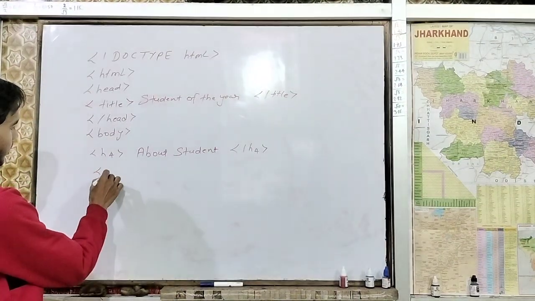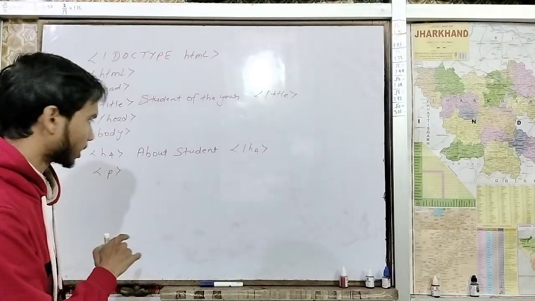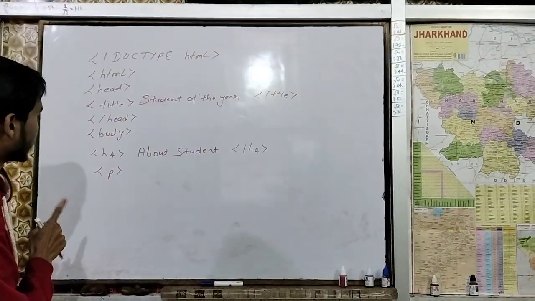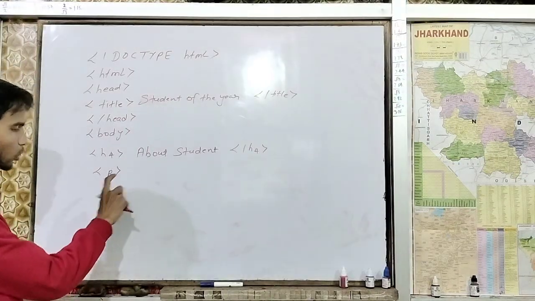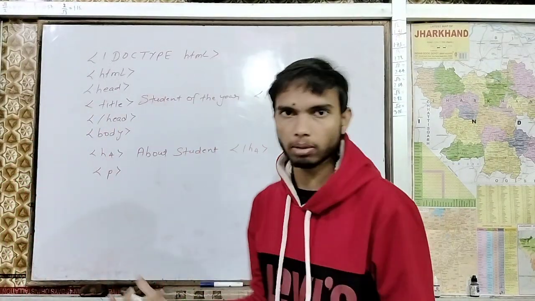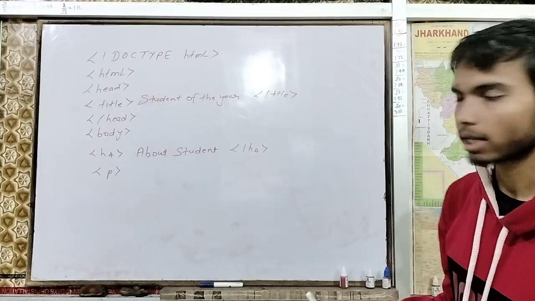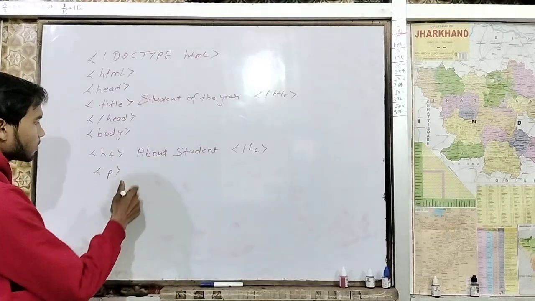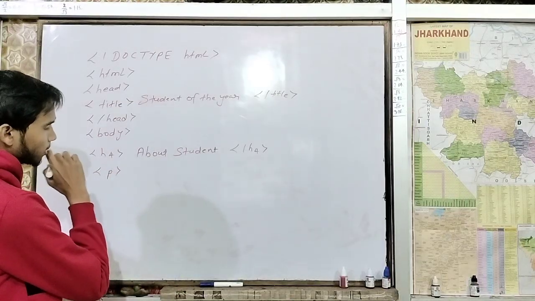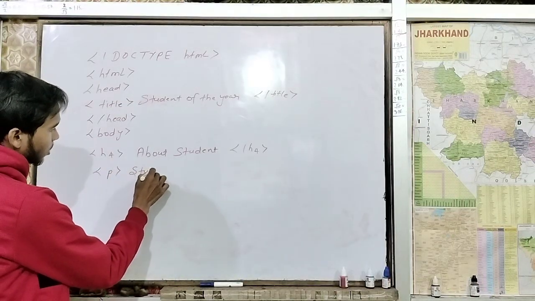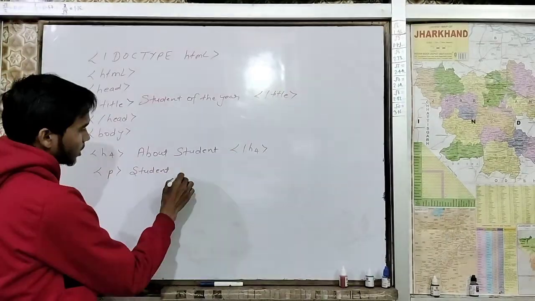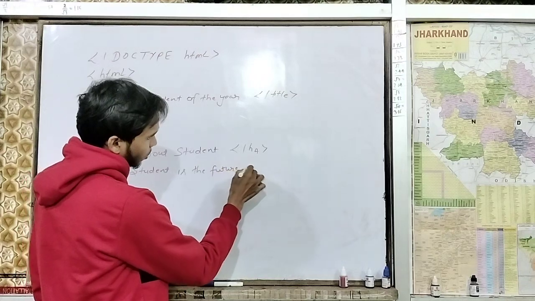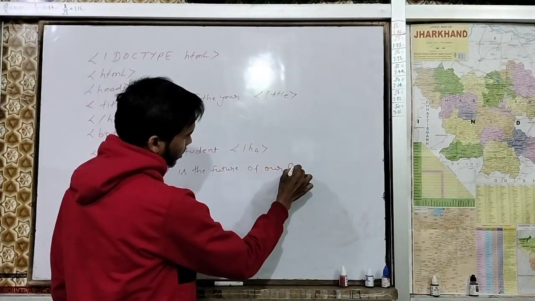The next tag we have is P. So P is in lowercase. Don't neglect it over here. P is in lowercase. Here you insert a lot of words. It can be sentences. For example, a student is the future of our country.